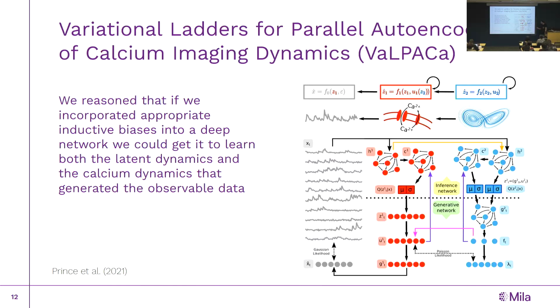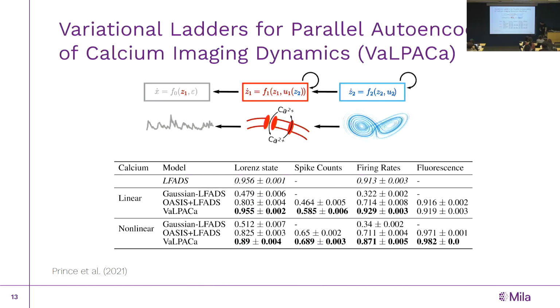And so what we do then is we tie these together by doing a Poisson likelihood comparison between the rates that this model infers should be going on and the underlying rates that we use to generate our calcium data. So this was the structure of Alpaca. We thought it was rather clever, and it did seem to work.